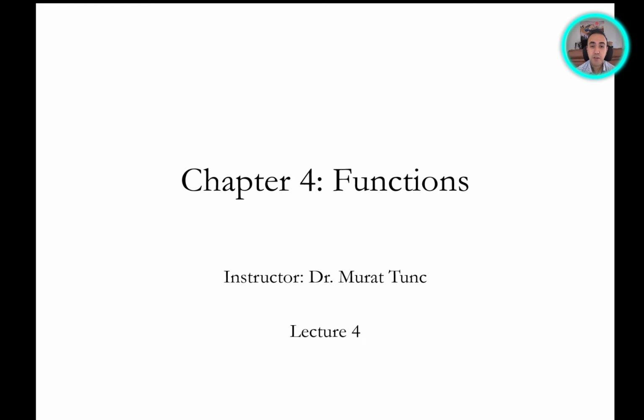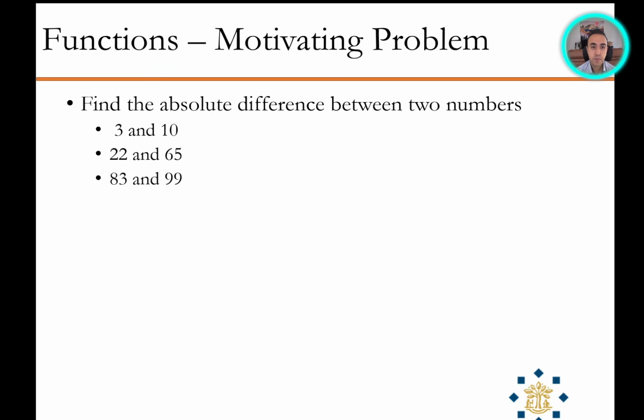Okay, so now we are going to start functions. So the motivating problem is the following. Let's say that we are asked to find the absolute difference between two numbers, and we were given two numbers, number 1 and number 2. So we were asked to find the absolute difference between the two.